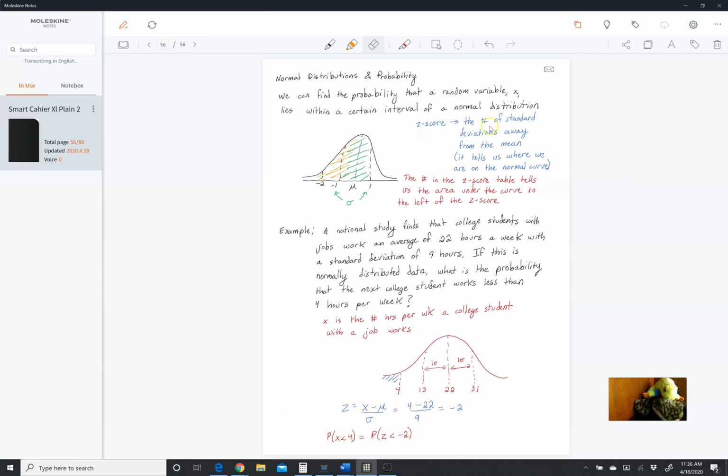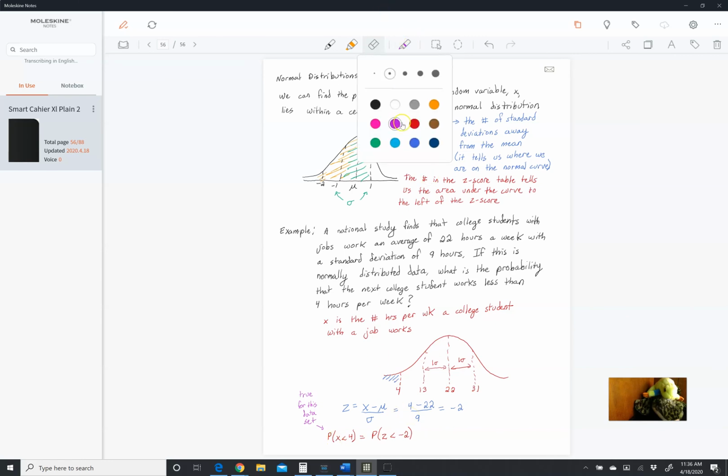So it's based on the z-score, because the z-score for 4 might be different if the mean and the standard deviation are different.